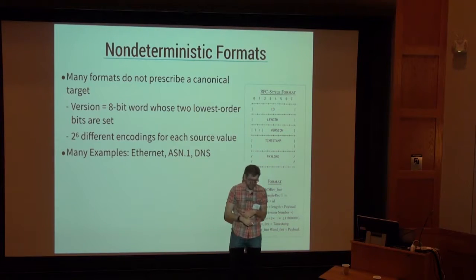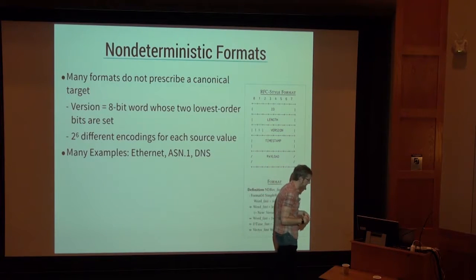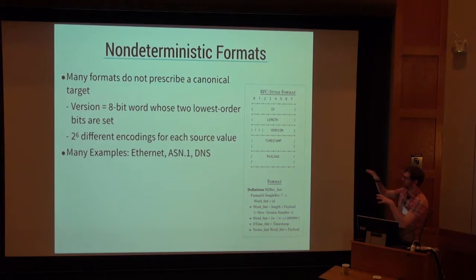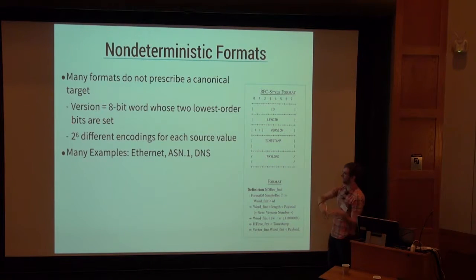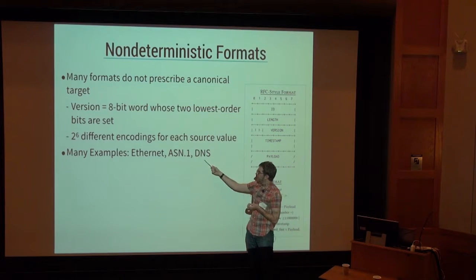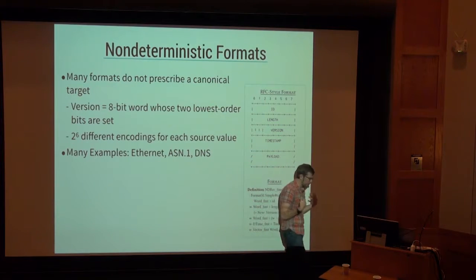ASN.1, which is a data description language, for some reason, has multiple different encoding rules for a given data type, and their original one prescribed different ways of encoding numerals, among other things. So they actually devised another set of encoding rules that had canonical forms, and then there are a bunch more on top of that. But DNS is a weird one. It has an optional compression strategy.